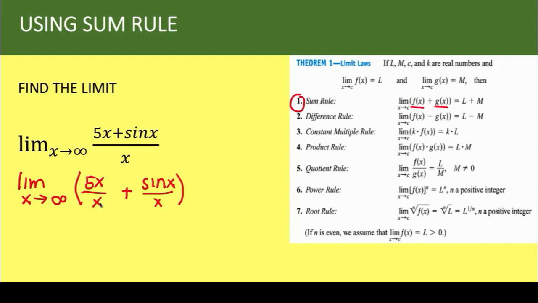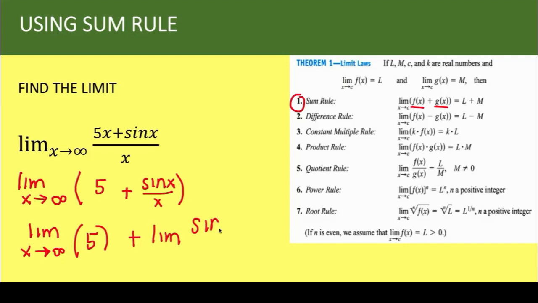But 5x over x is just 5, so we can simplify this as 5. And so we now have the limit as x approaches infinity of 5 plus the limit of sine of x over x, where x is approaching positive infinity. And so we split these into two limits, which is exactly what the sum rule is saying.